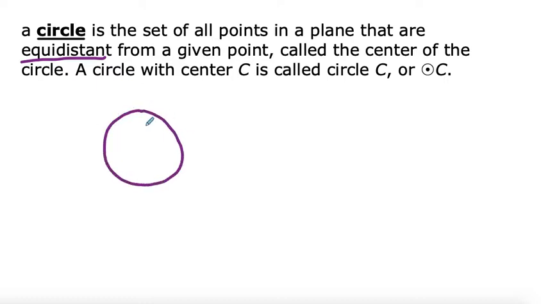So circle, basically what that is saying, if I have a point, every line that I make to the circle is all going to be the same distance. And so a circle with center C, so if I put C there to label that point, is called circle C. Or for short, we can just draw a circle with the center point in there, and then C.